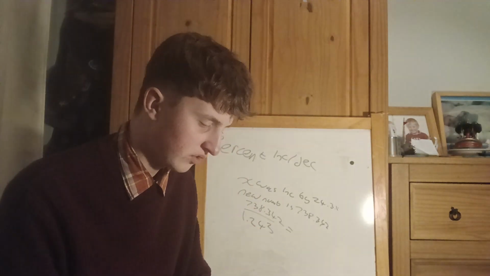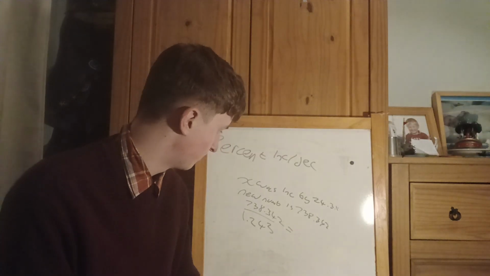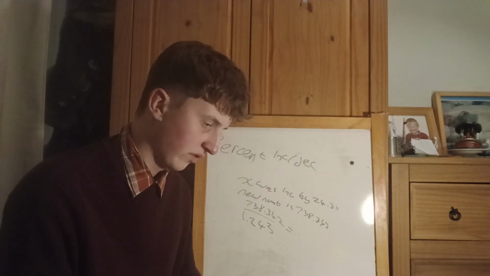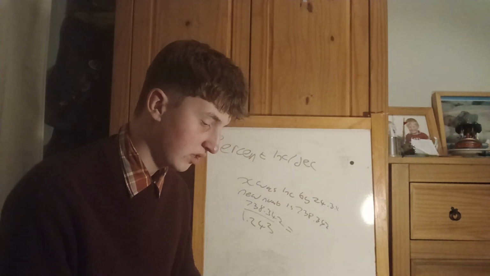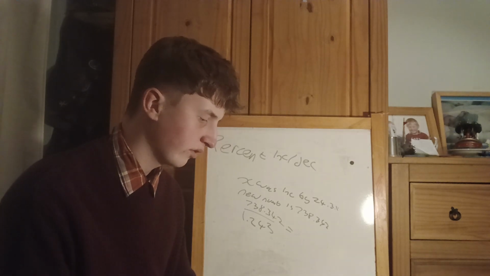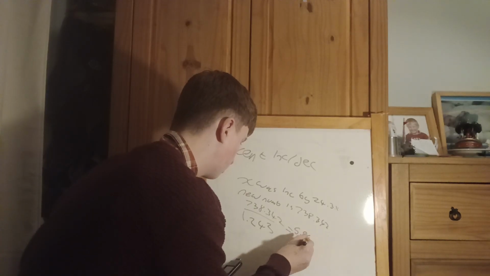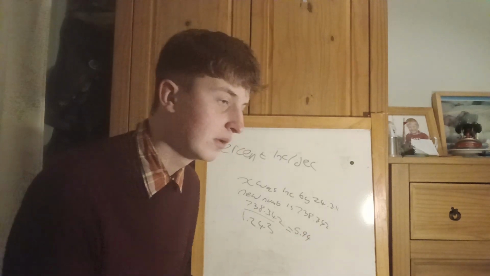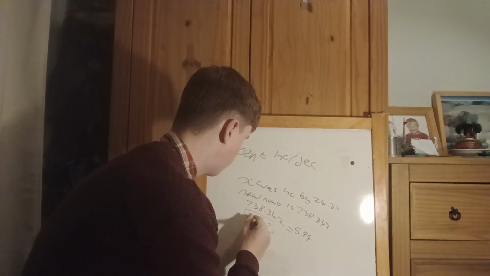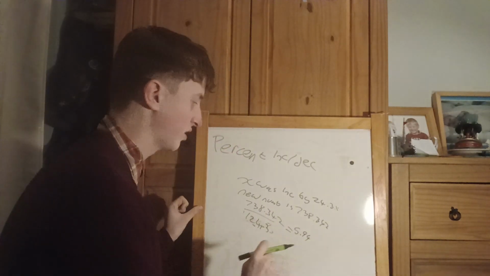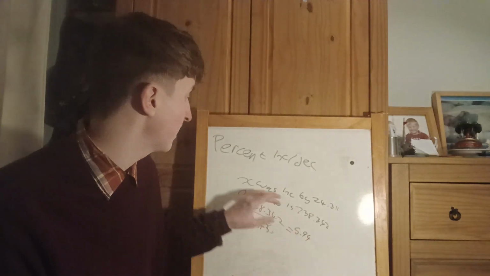So if we type into our calculators 738.342 divided by 1.243 -- oh sorry, that should have been 124.3 -- it spits out a number of 5.94. Now this is 1% of what x is.